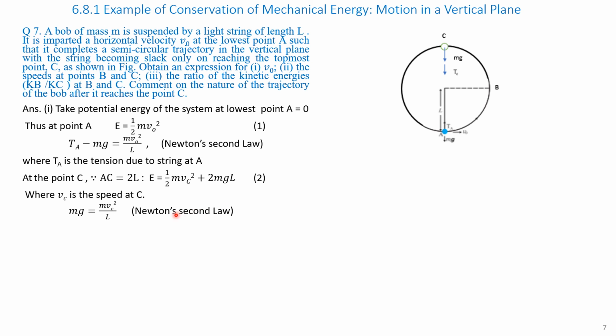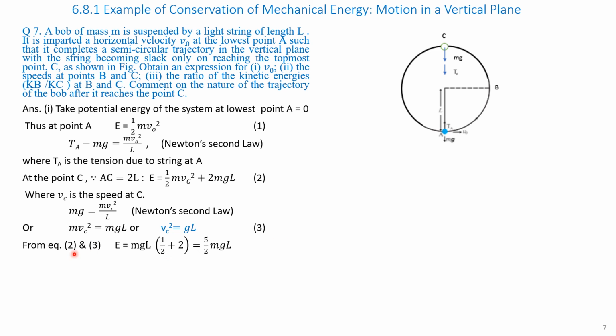Therefore, we get mg is equal to m vc square by L from Newton's second law, or m vc square is equal to mgL, or vc square is equal to gL. Let it be equation 3.